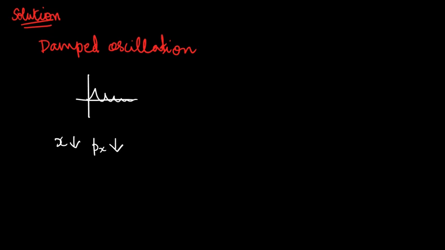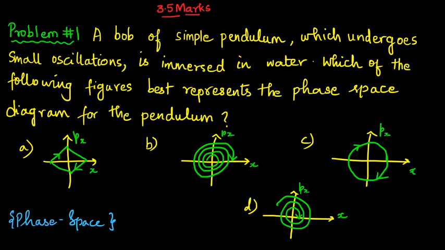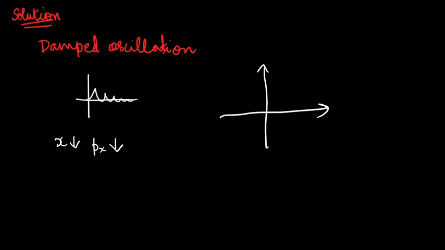So the best phase space trajectory that describes that is option D, where as amplitude decreases, our momentum also decreases. So this is just like logically you have to think and solve this question.